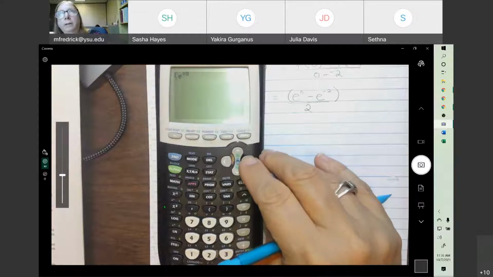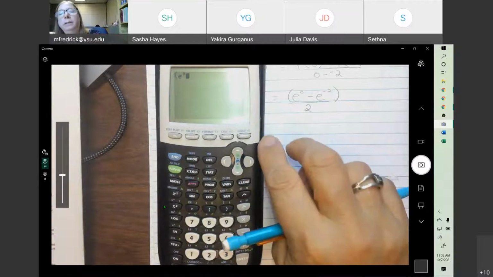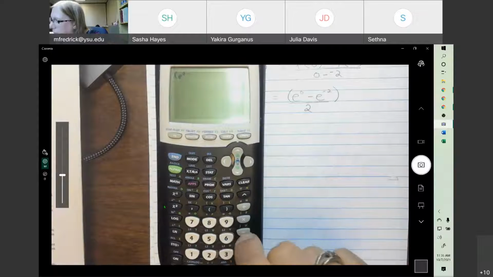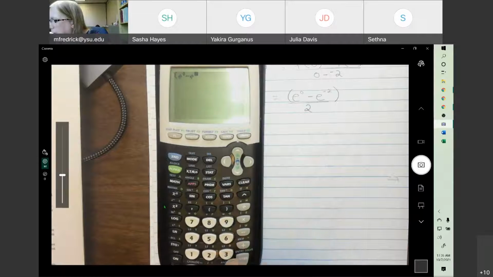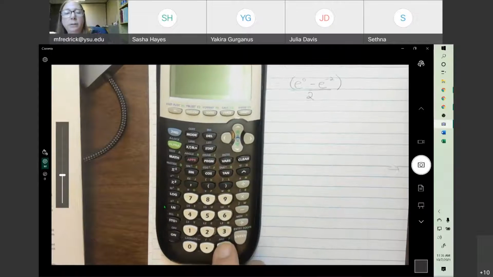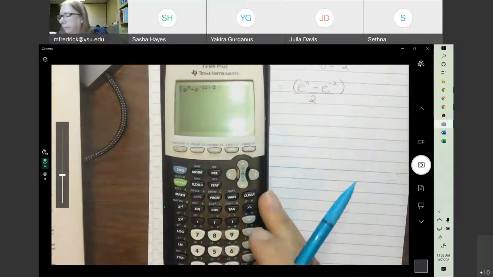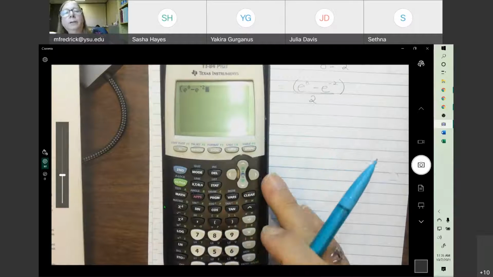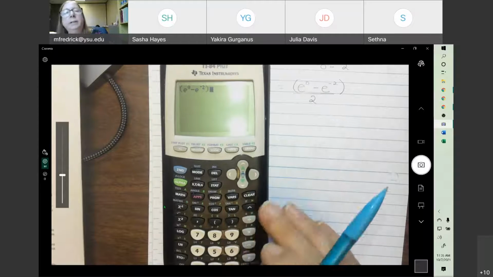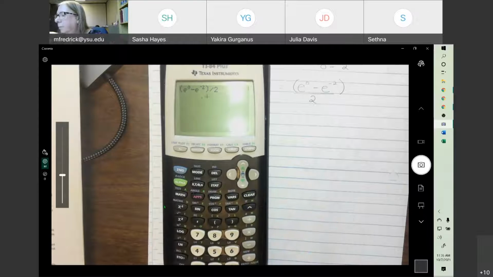Now, depending on your calculator, I'll grab the other one in a second. Minus e to the, make sure you use -2 and not minus. Then go down and put my parenthesis and then divide by 2.